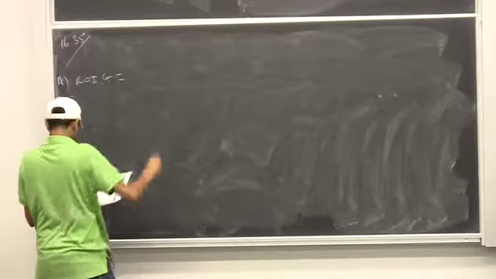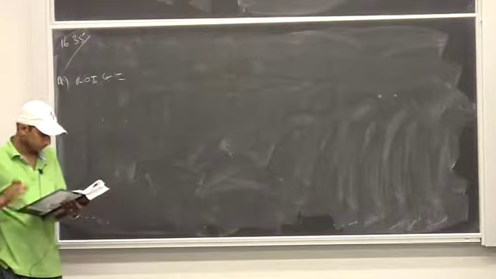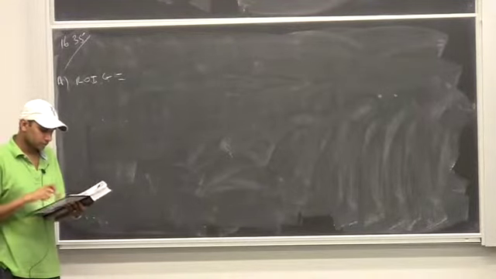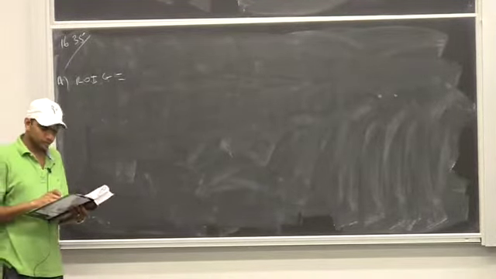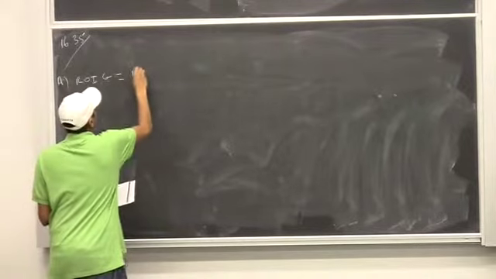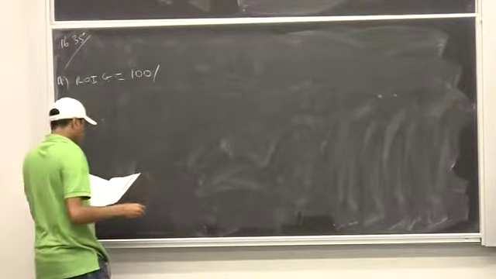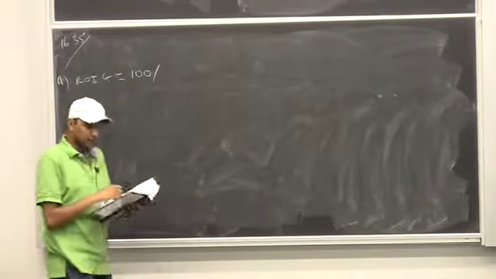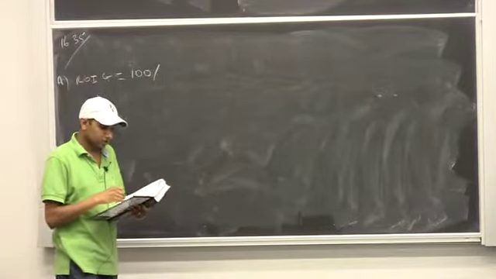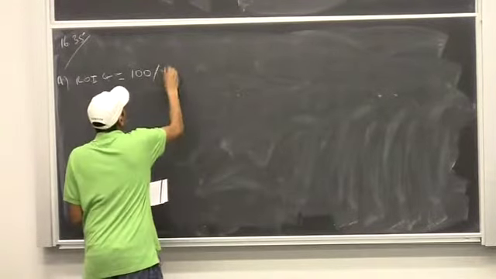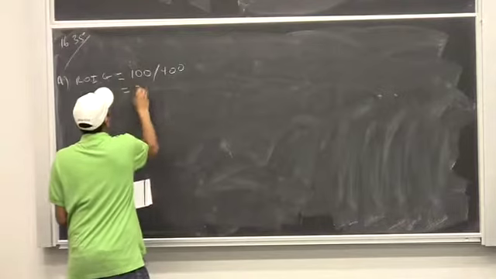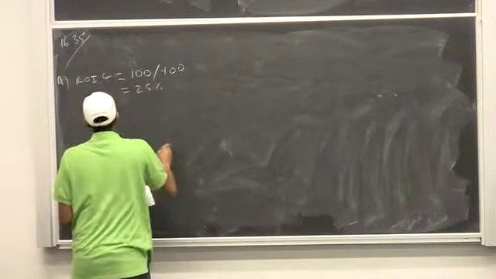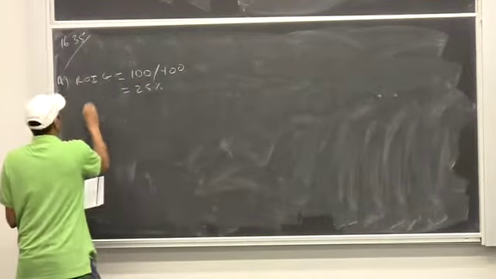ROI G. Yeah, how did you get that? You took the operating income of 100 divided by invested capital, which is your investment, 400K. So 25%.